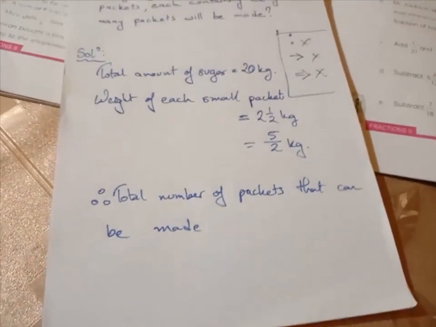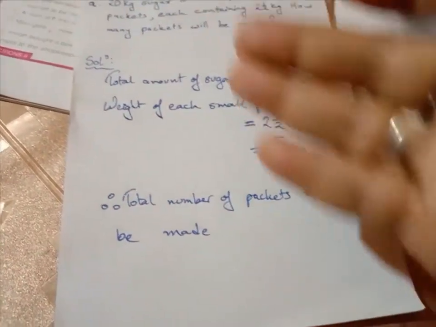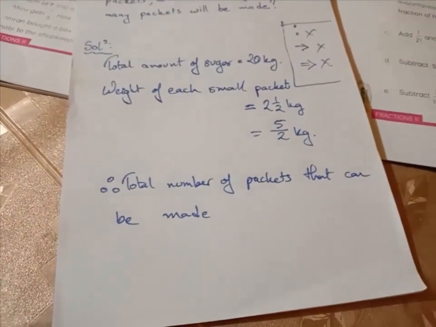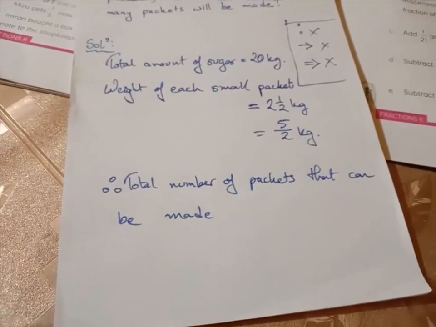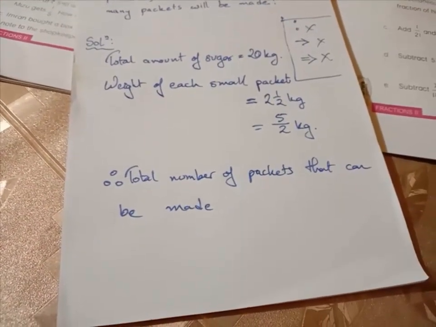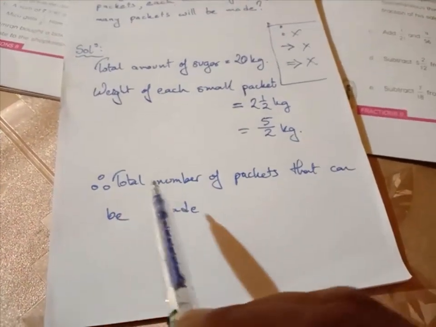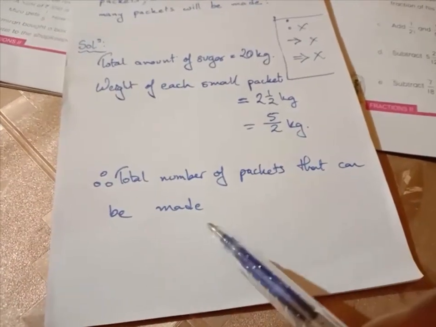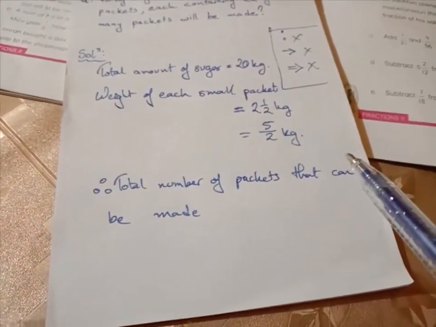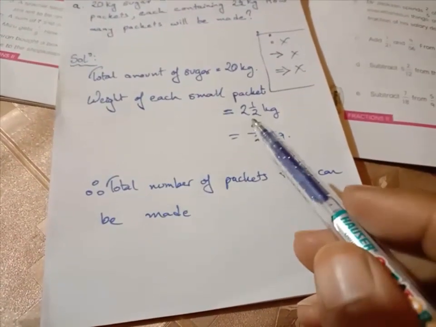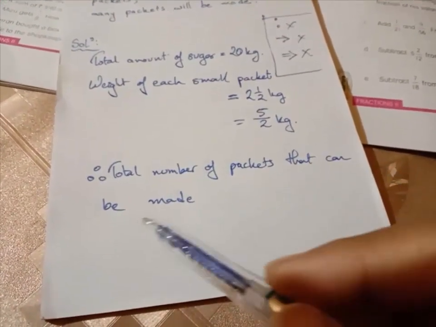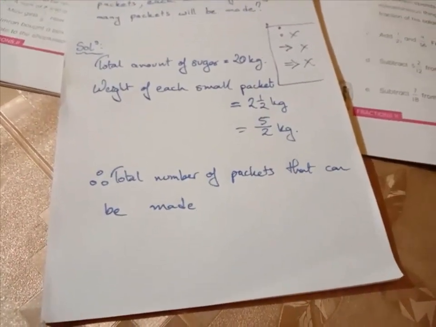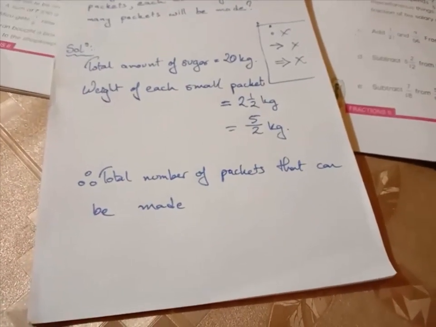Now this sentence you can write in your own language also, but the grammar should be proper, the sentence should be grammatically correct. Okay, so you can also write total number of small packets that can be made from 20 kg, or total number of 2.5 kg packets that can be made from 20 kg. You can write any of these, still your sentence will be correct.